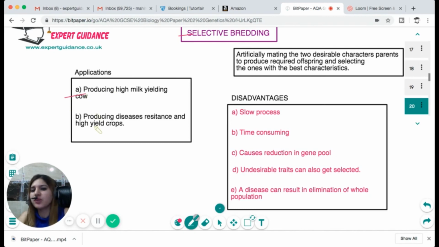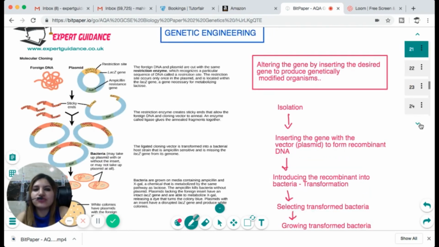We can produce disease resistant, high yield crops. Now, this is a slow, time consuming process and causes a reduction in the gene pool. Undesirable traits can also get selected, and if a disease happens, it can result in the elimination of the entire population. So selective breeding is harmful in this case, in that it reduces the gene pool.